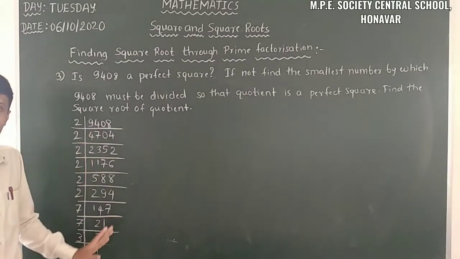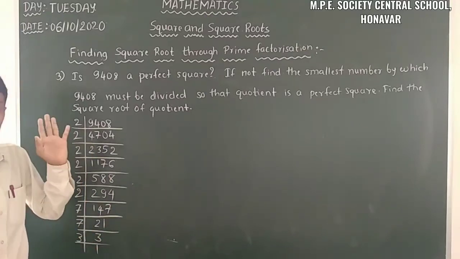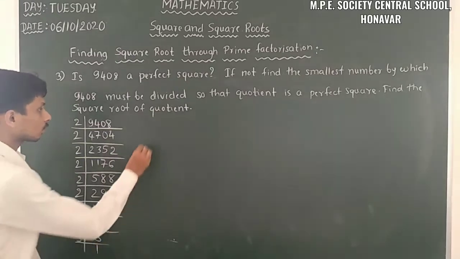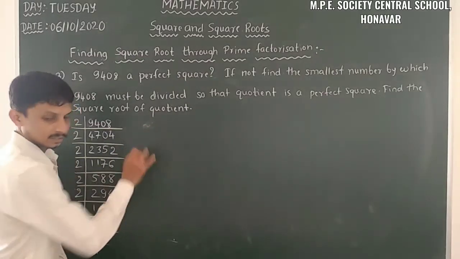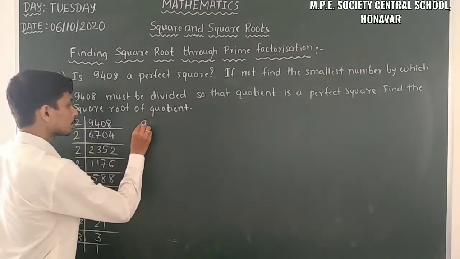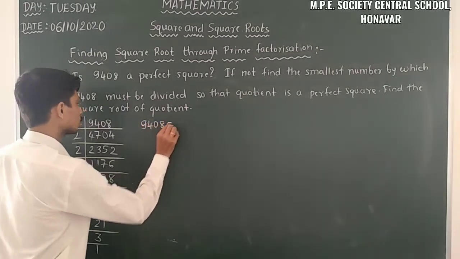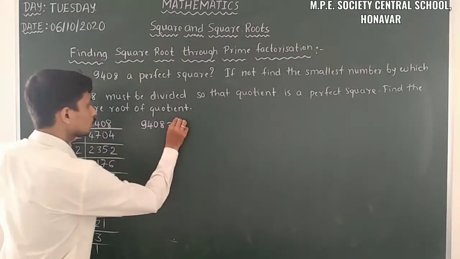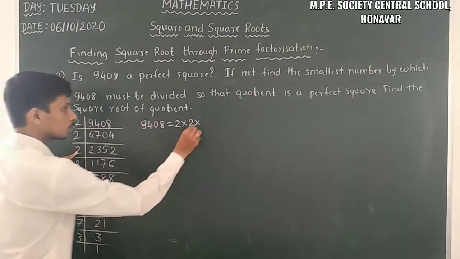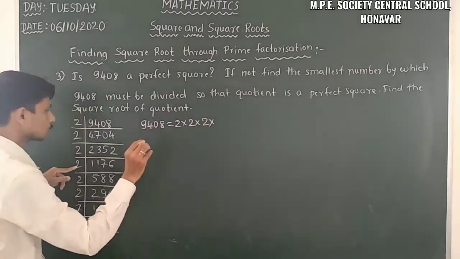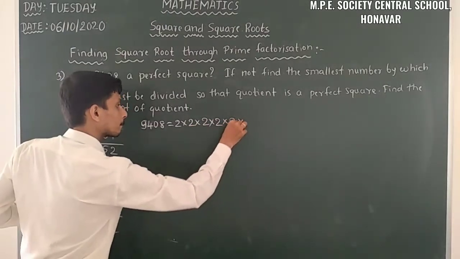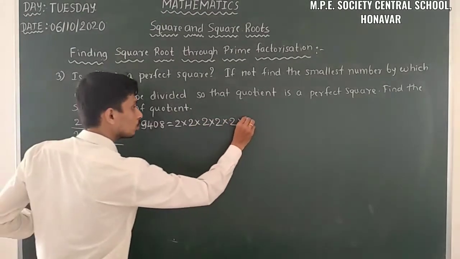We have the prime factorization of 9408. We have to write it as a product of primes. So how can we write that? 9408 is equal to, so here firstly 2 into 2 into 2 into 2 into 2, yes, here also we have 2.